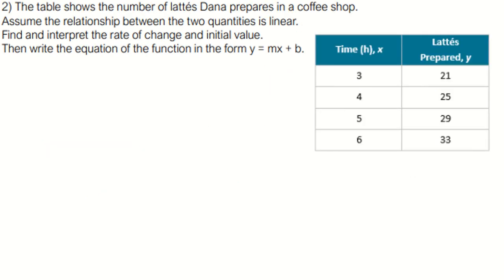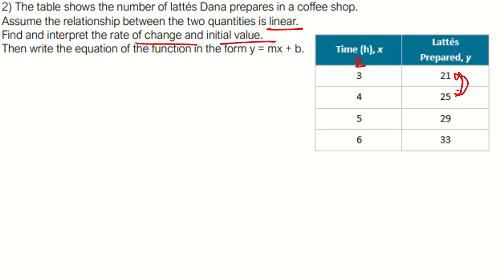Now, next is, the table shows the number of lattes Dana prepares in a coffee shop. Assume the relationship between the two is linear. Find and interpret the rate of change and the initial value. Initial value means for 0. Okay. So you see, every number is increased by 4. So if you go up, then it will be decreased by 4.